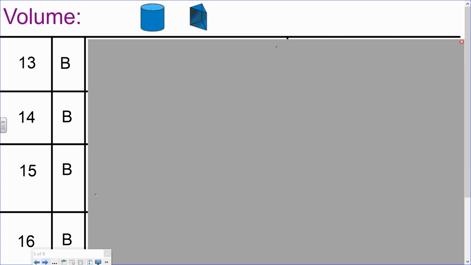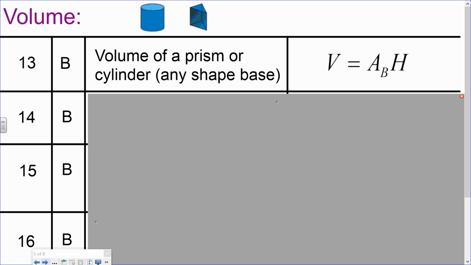So these are considered a cylinder and a prism. Anytime we have something with sides that go straight up and down, the formula is the area of the base times the height.